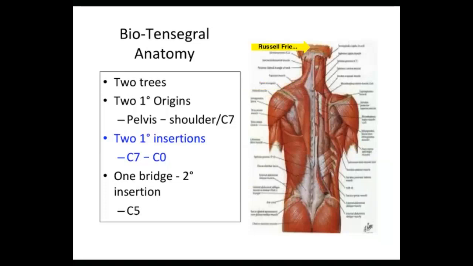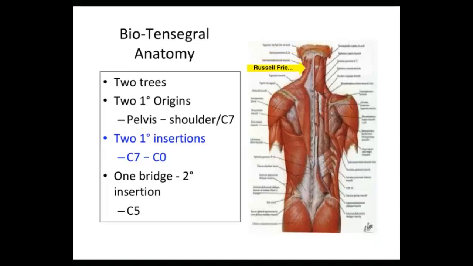So the other piece is where is the second insertion? And there it is up here. You could just look at the fascia, like the aponeurosis here and the tendinous junk that's in there. I mean, that's all the attachment. So we've got an insertion here and an insertion there. And then what we have is a secondary attachment right in the middle.